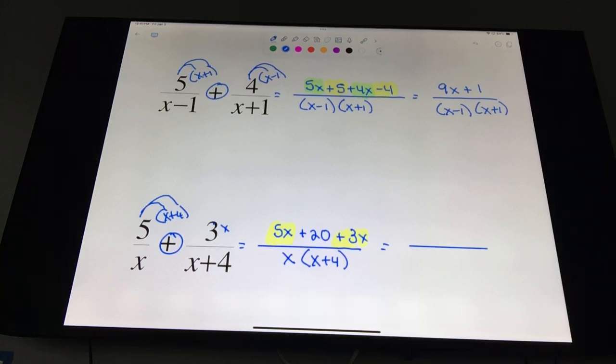So 5 and 3 give me 8x plus 20 over my denominator.